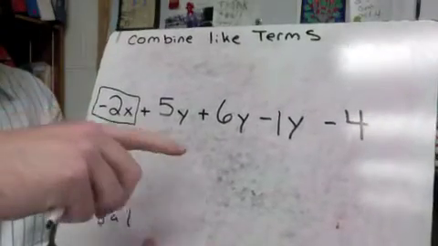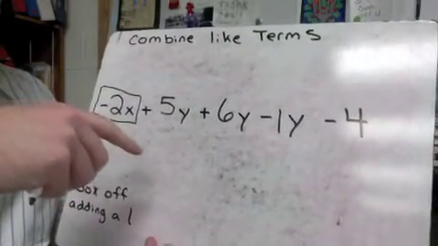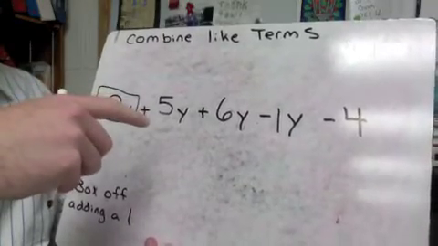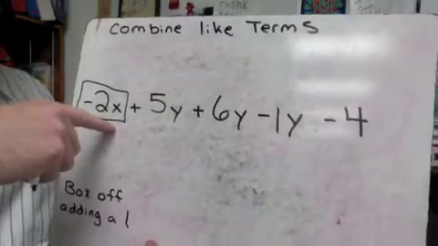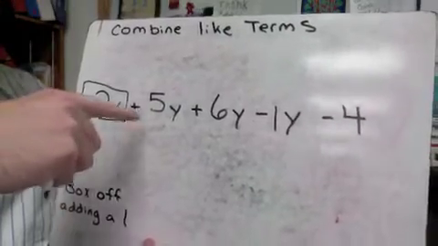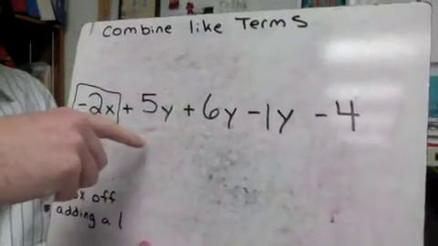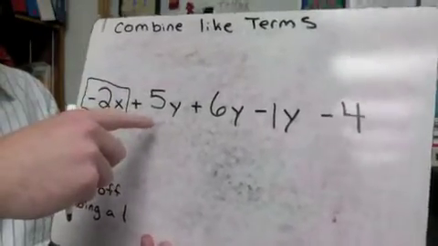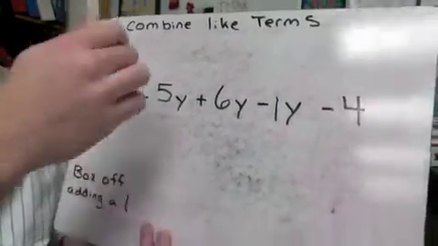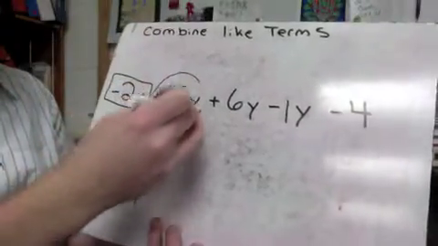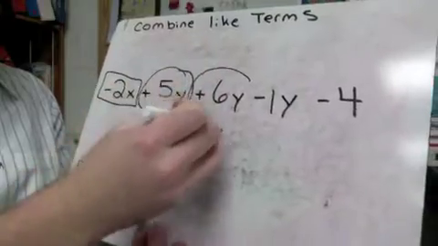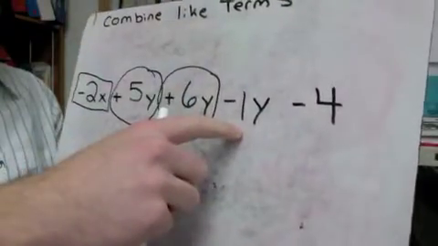What I like to do when I box off these things is put a different shape around the different variables that will go together. So for instance, I put an actual rectangle around the x's. Maybe for the y's, I'll put a circle around them, just to know that those two things will never be able to go together. So for instance, 5y, and we're going to include the symbol in front of it. 6y, and we include the symbol in front of it.